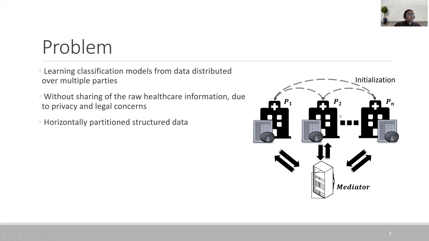But these parties cannot share their data with each other or with another center for performing the analysis because of privacy and legal concerns. But in our problem, we need to learn classification models from this data, which is structured and horizontally partitioned, without having a direct access to this data.